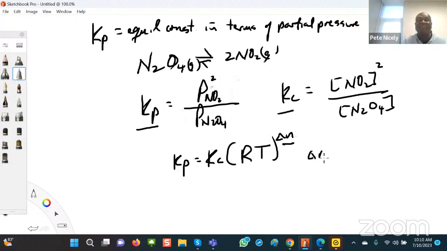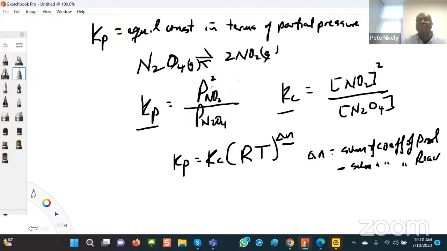Delta N is equal to the sum of the coefficients of the products minus the sum of the coefficients of the reactants.